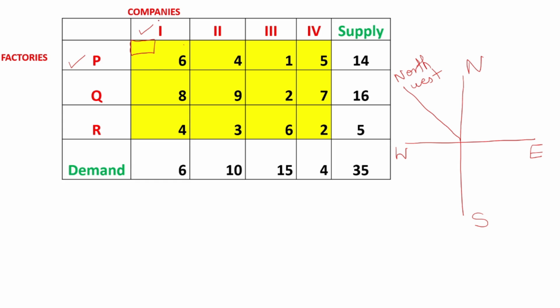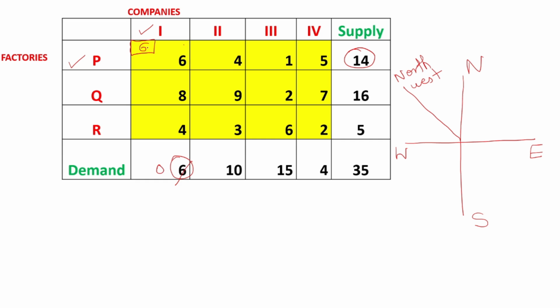Now column 1 is demanding 6 items and row P is supplying 14 items. Out of 14 and 6, which is the smallest? 6. So inside the corner rectangle you take the value 6. This 6 will become 0 because we have taken it in the corner rectangle.